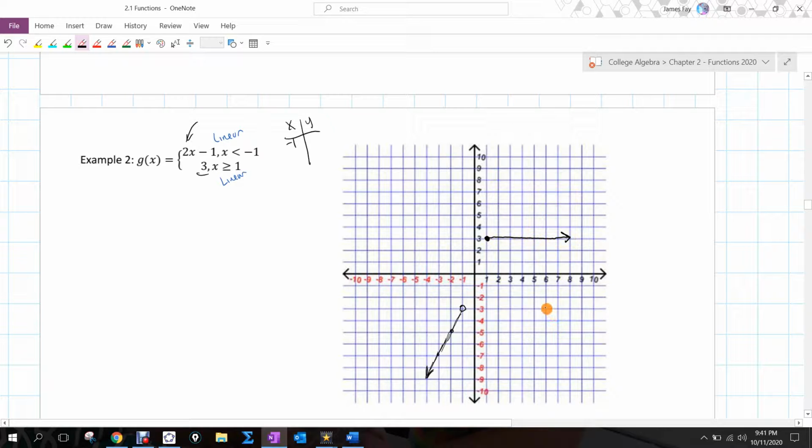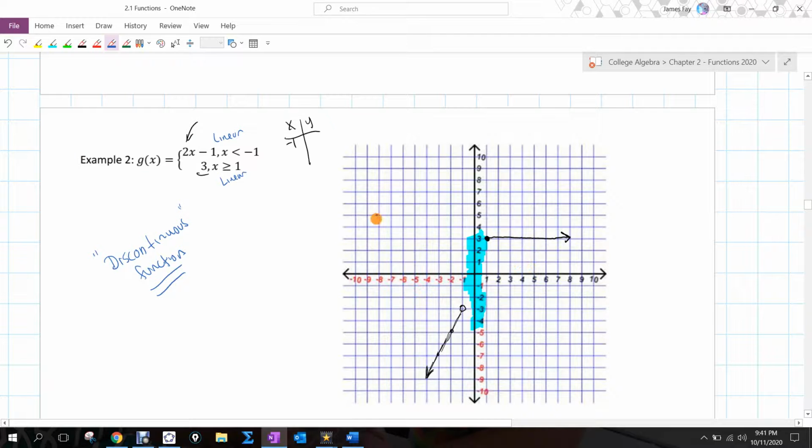Okay. So what we see here, and we saw it in one of the previous ones, is there's a jump here. There's a gap. This is still a function. Functions can have gaps, but this is what we refer to as a discontinuous function. Usually that's an adjective to describe the flow of the curve.